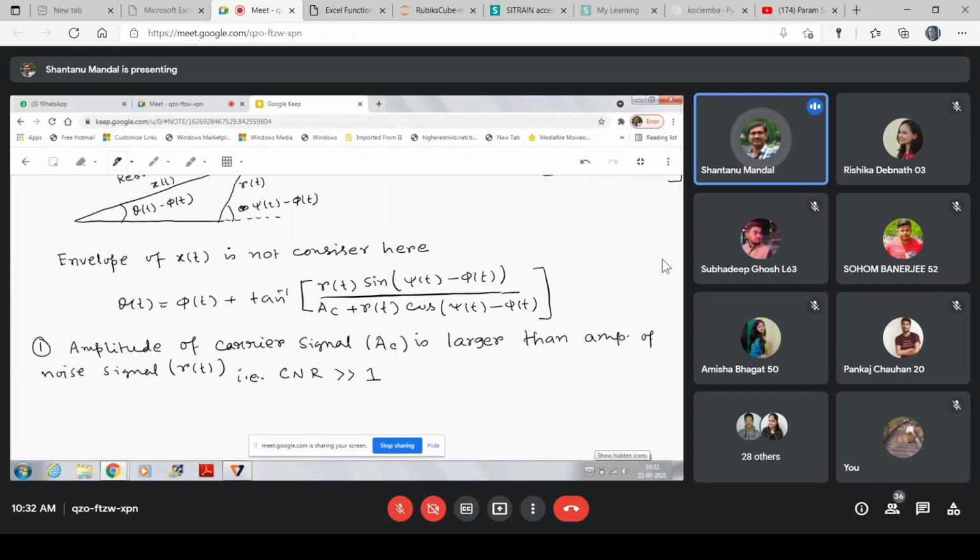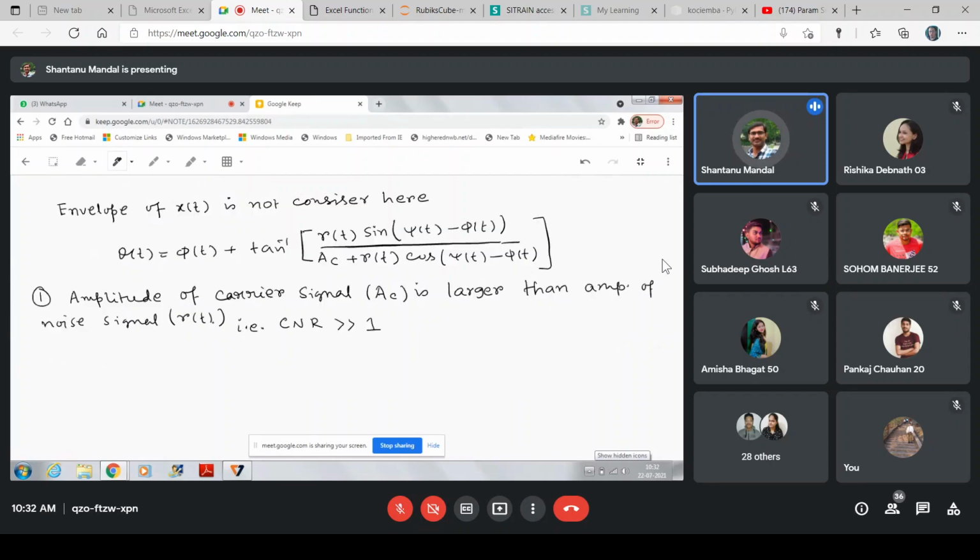If CNR is large, then theta(t) will be approximately phi(t) plus r(t) into sine of psi(t) minus phi(t) divided by Ac.